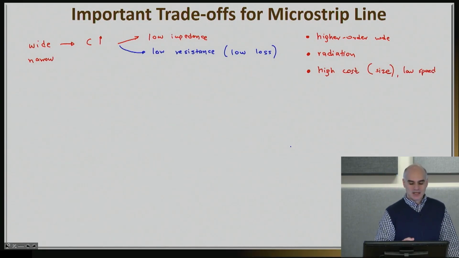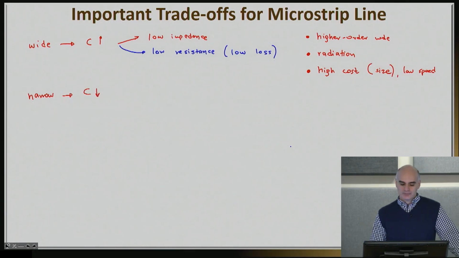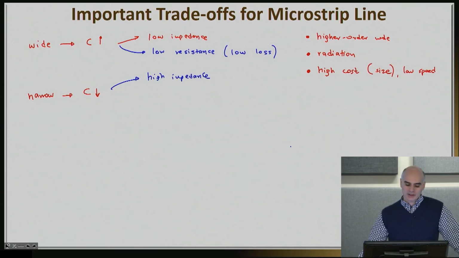Now, similar things happen on the other side, of course, if you try to make a transmission line narrow. Obviously, in this case, your capacitance per unit length will be low. That will actually bring you a lot of good advantages. First of all, it will bring you high impedance, which you may or may not like, depending on the design. But I would say this is a little bit of an indifferent point at this point.